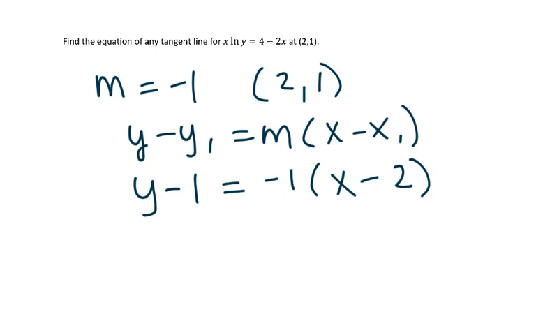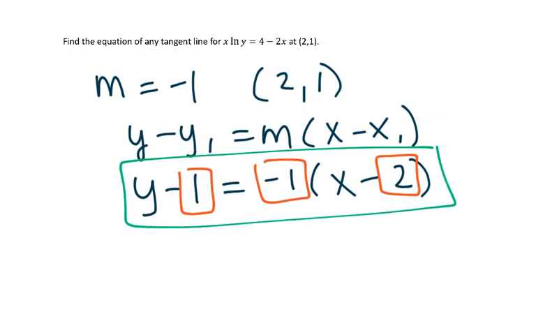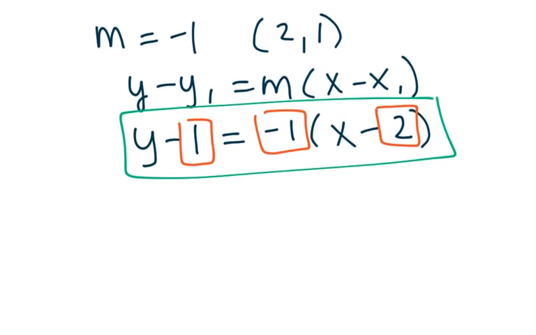Okay, so recall these are the three pieces that we plug in. And then you can leave the answer like this if you choose to, that is point slope form, or you can simplify it further. It really depends on what the question's asking, so just make sure you know whether it says point slope or slope intercept. This is point slope, okay?